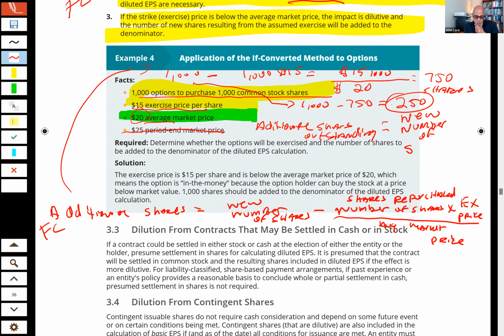Okay, good. Now, dilution from contracts that may be settled in cash or in stock.